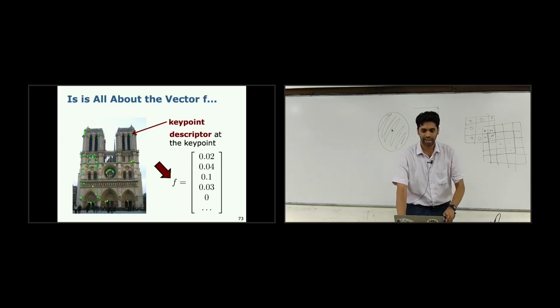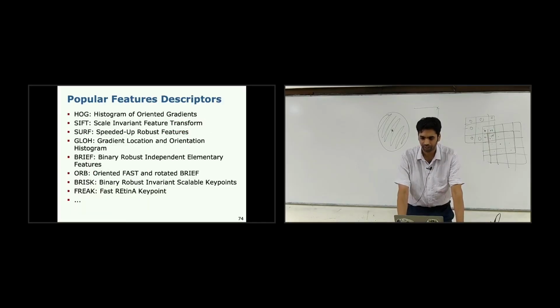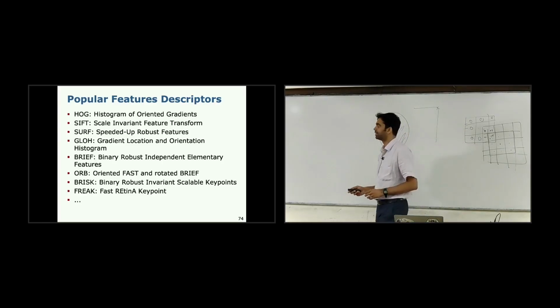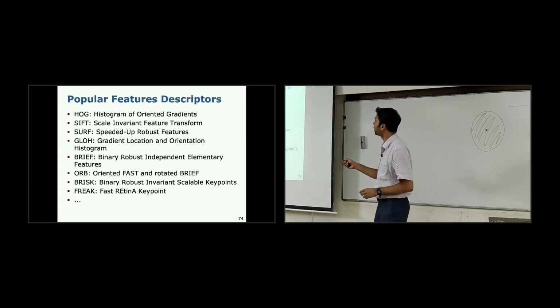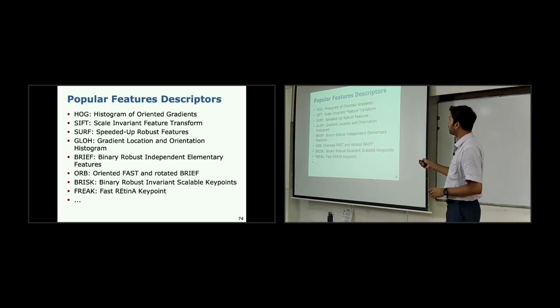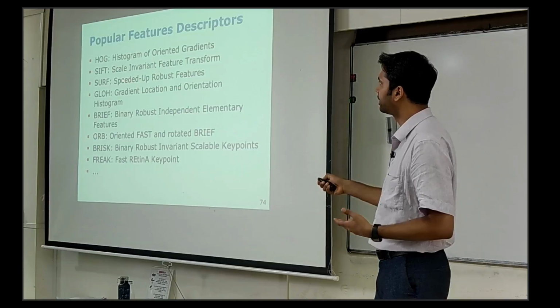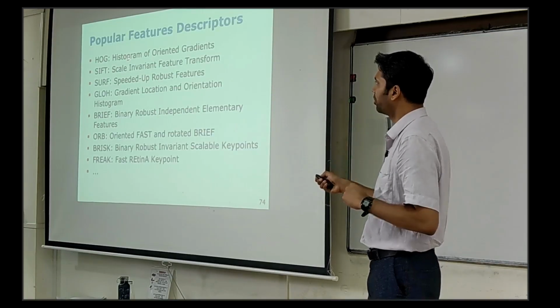Okay, so our aim will be to get the F, which is the descriptor in this case, the vector F. And if you look into the literature, there's a whole zoo of these descriptors. There are descriptors which look at gradients, called the histogram of oriented gradients. Then there is SIFT, which we'll look at today. And there's SURF, which is a sped-up version of SIFT.